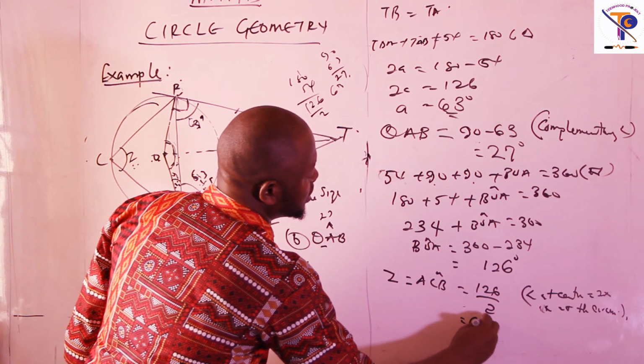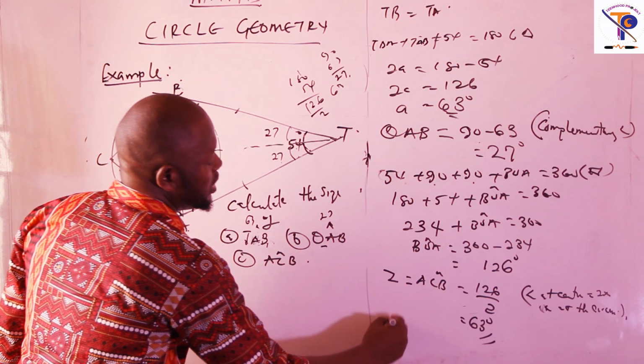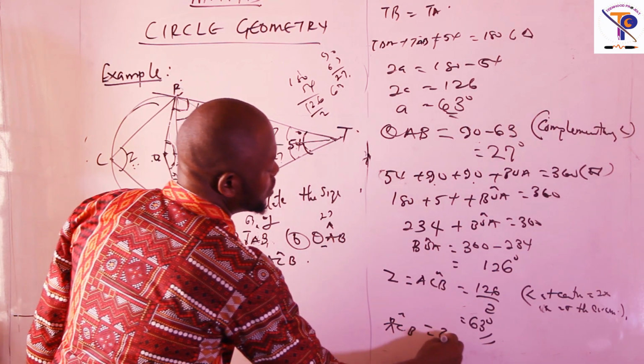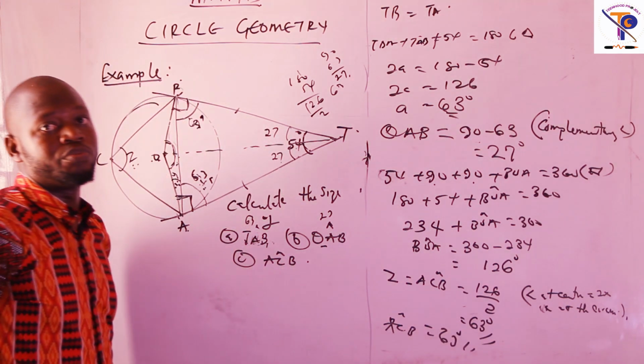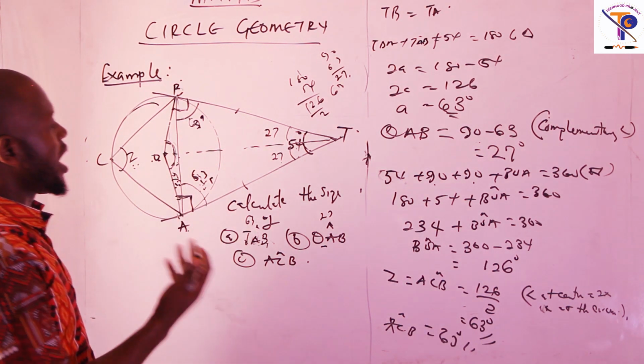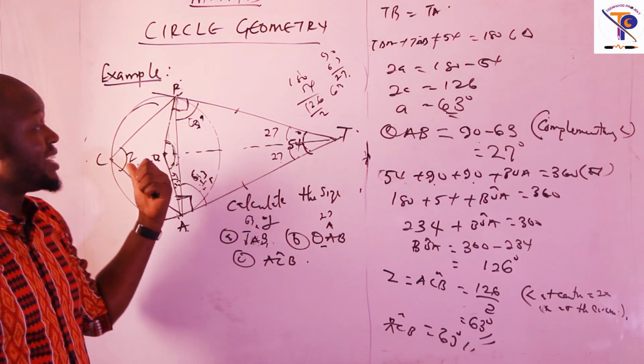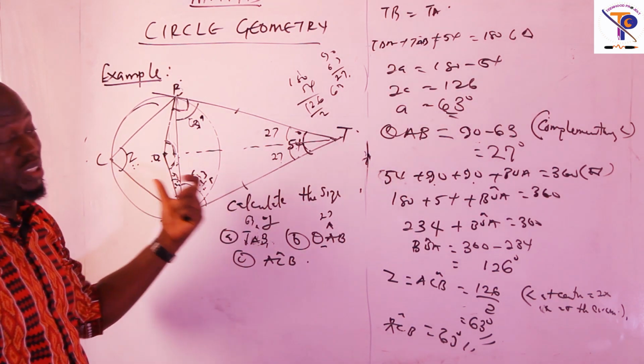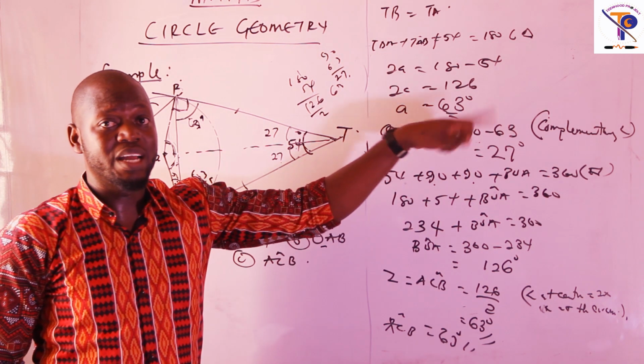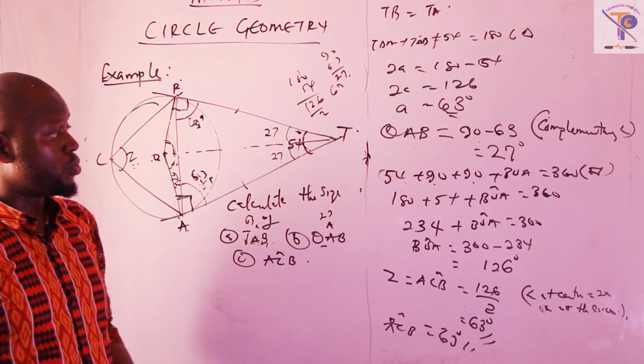So we have 63 degrees. So ACB is equal to 63 degrees. That's all we have there. But don't forget, in our head we have already gotten our answer. We have gotten this, this, and this. But we need to write it out so that we can have the mark. So that is all.